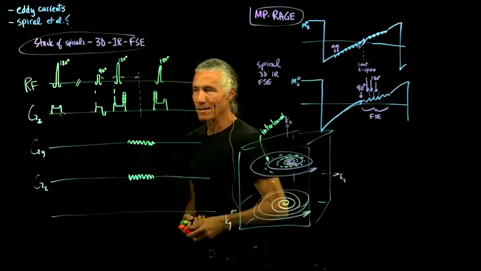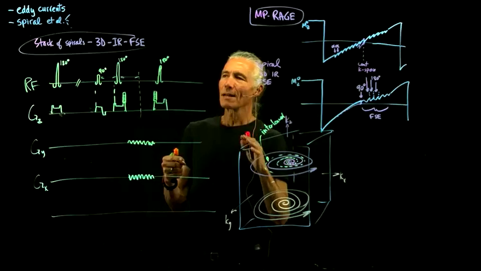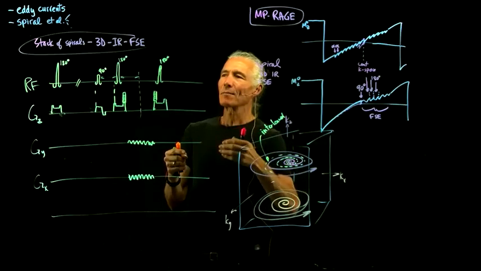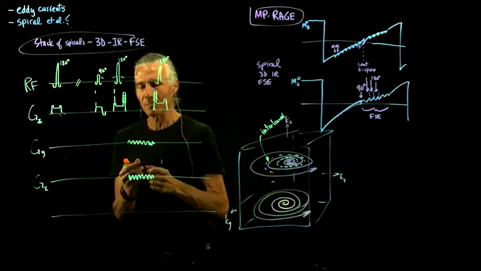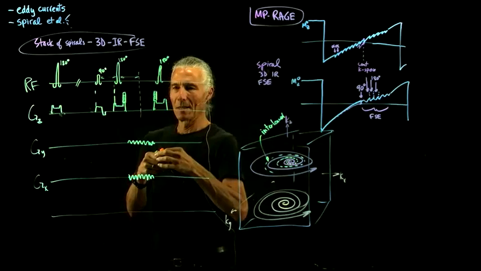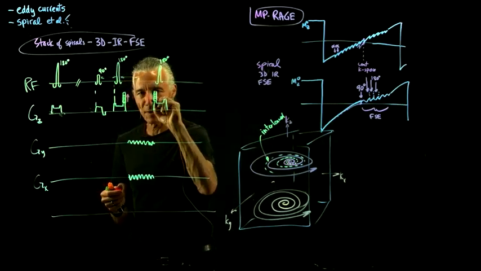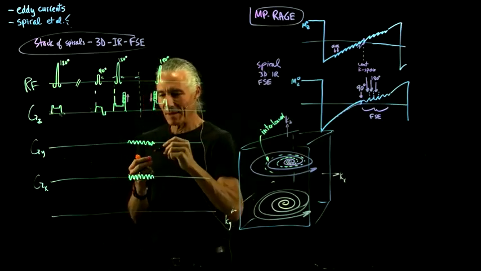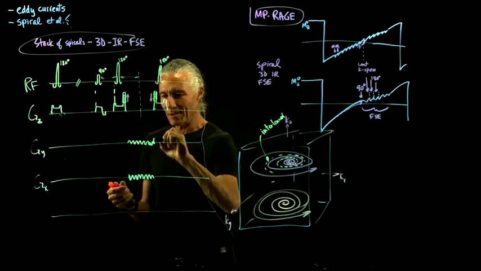That's the whole idea of fast spin echo. We record an echo, and then we put everything back so that we can record another echo from the same 90. So if we went up there, then we have to fix there, and we also make sure that we fix whatever we did. So there's a fix here.